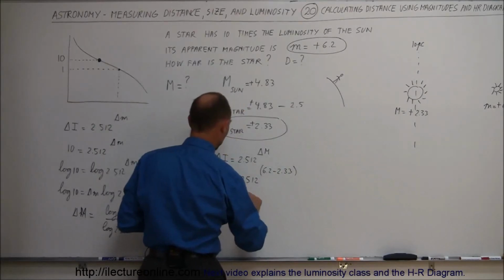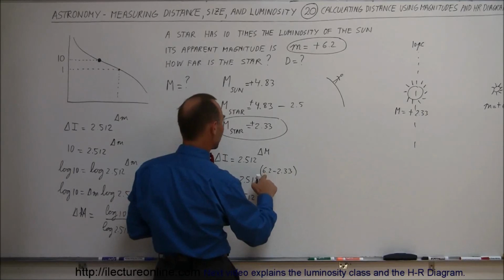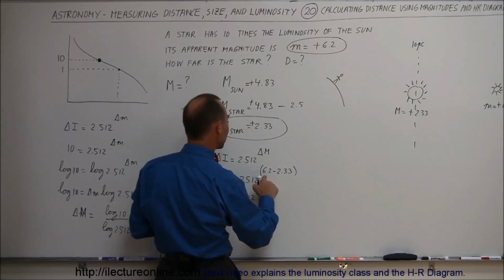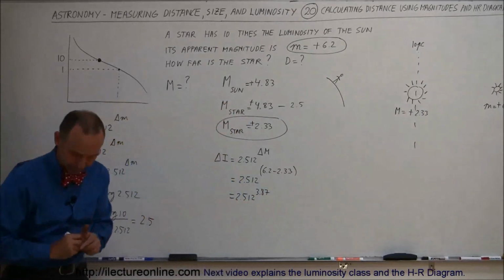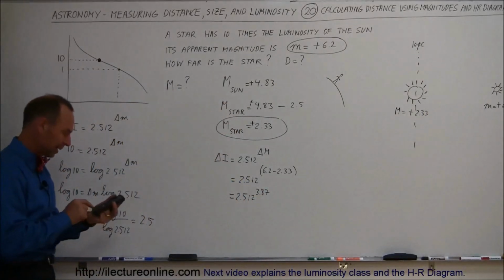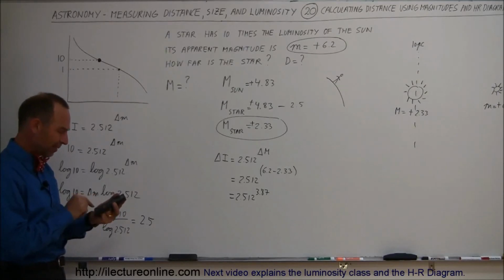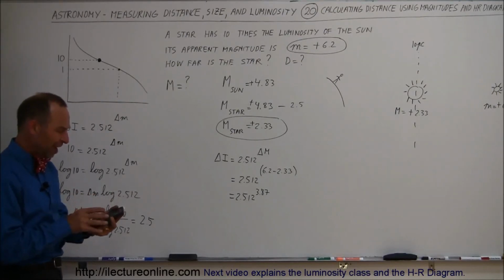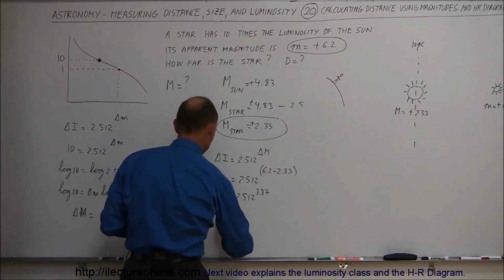And so this is equal to 2.512 raised to, that would be 3.87. All right. So again, we grab the calculator, 2.512 raised to the 3.87, and we get 35.3.